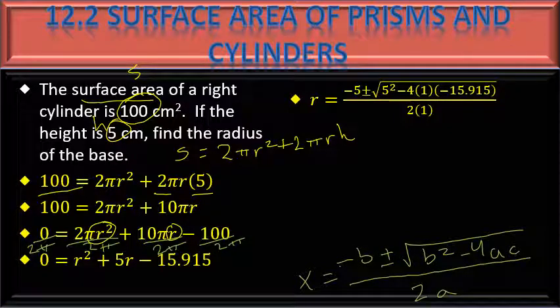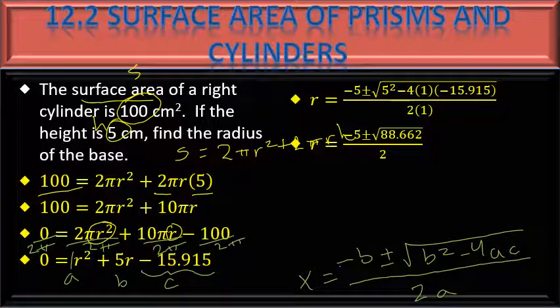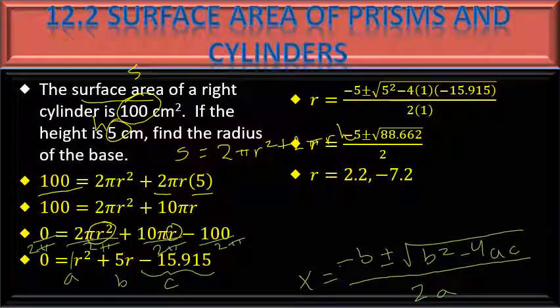Where this is a, so it'd be 1 for the a, b is 5, and c is negative 15.915. Put all those in, and I get negative 5 plus or minus the square root of 88.662, all divided by 2. Put that in the calculator, and I get 2 answers, 2.2 and negative 7.2.